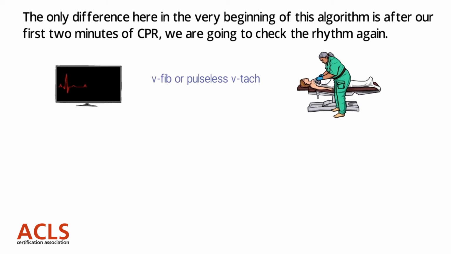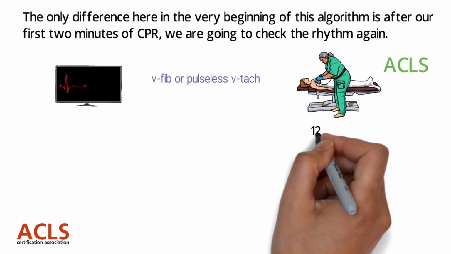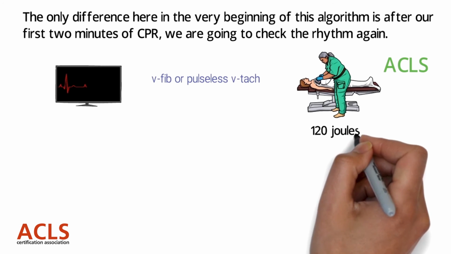All right. Now, in the 13 years I've been practicing, I've seen so many changes in ACLS, it just makes my head spin. But now we're going back to what we call stacked shocks. So the first shock you deliver is going to be at 120 joules.